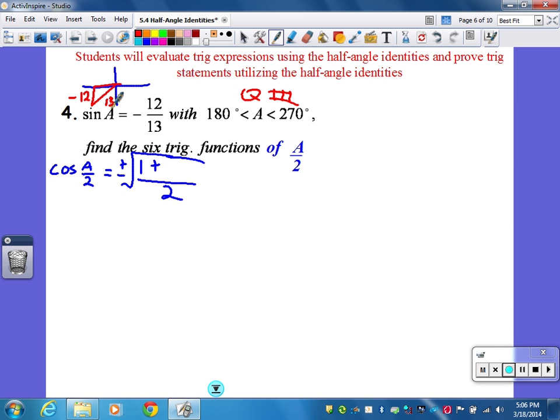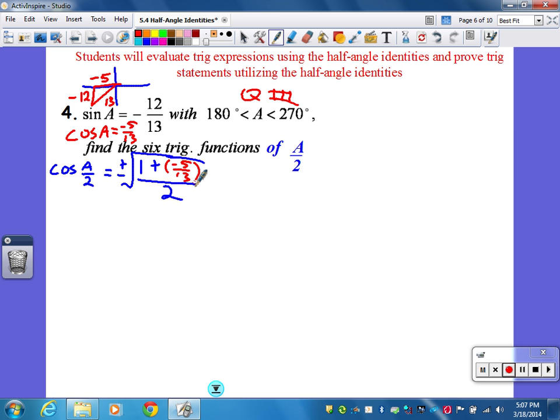The difference between those two is 25, so I'm going to put 5, and that's going to be negative. So cosine A is equal to negative 5/13.